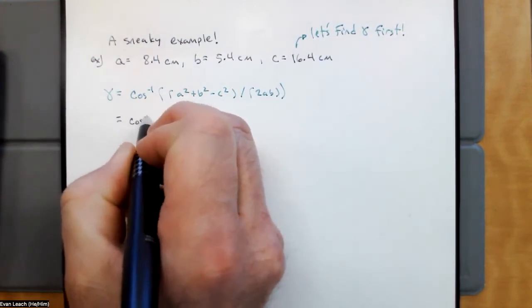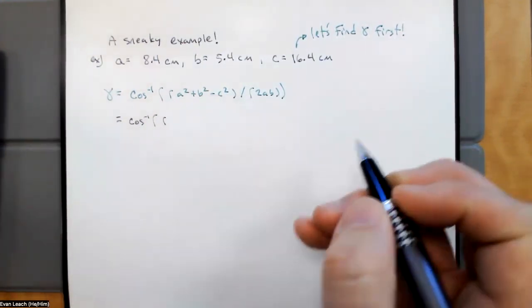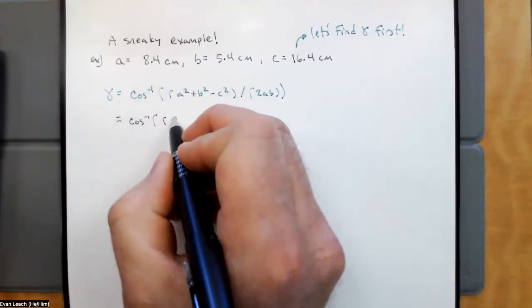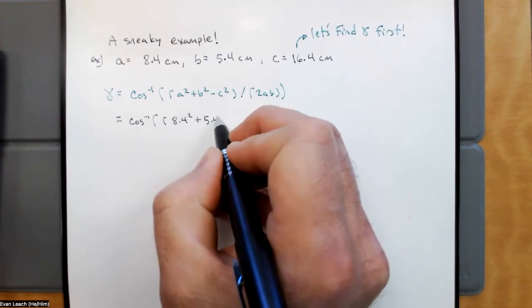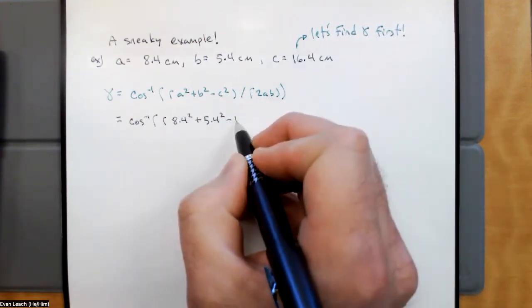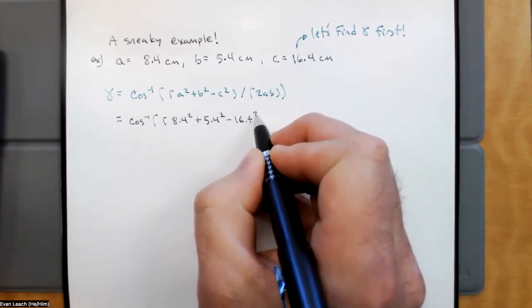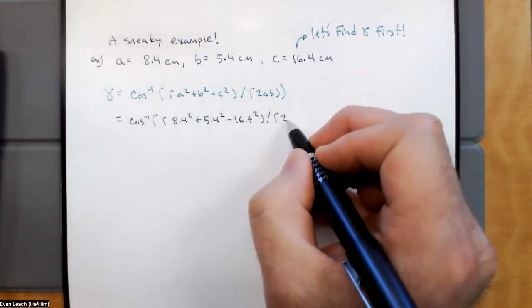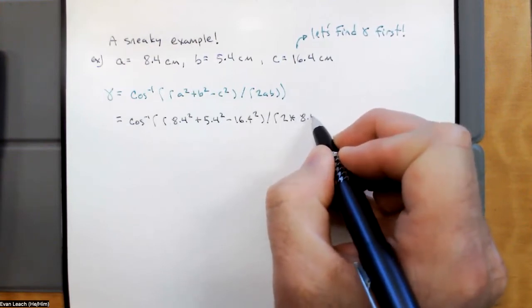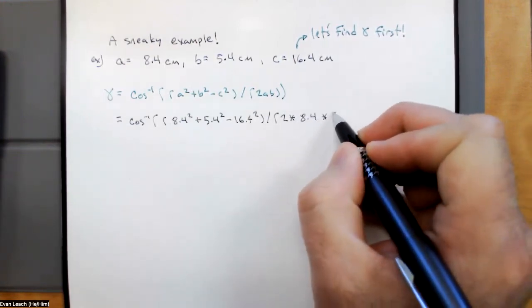So I have cosine inverse of, open the numerator, a squared plus b squared minus c squared. Close the numerator, divide, open the denominator, 2 times a times b.